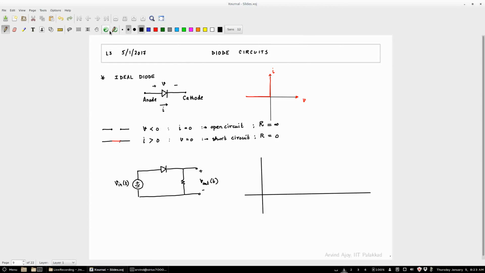I am interested, say, in the voltage across the resistor. Okay. So let me say that this is Vin of t. That's your diode. This is some resistor, and I want Vout of t. And to make it definite, let me label Vin and Vout.